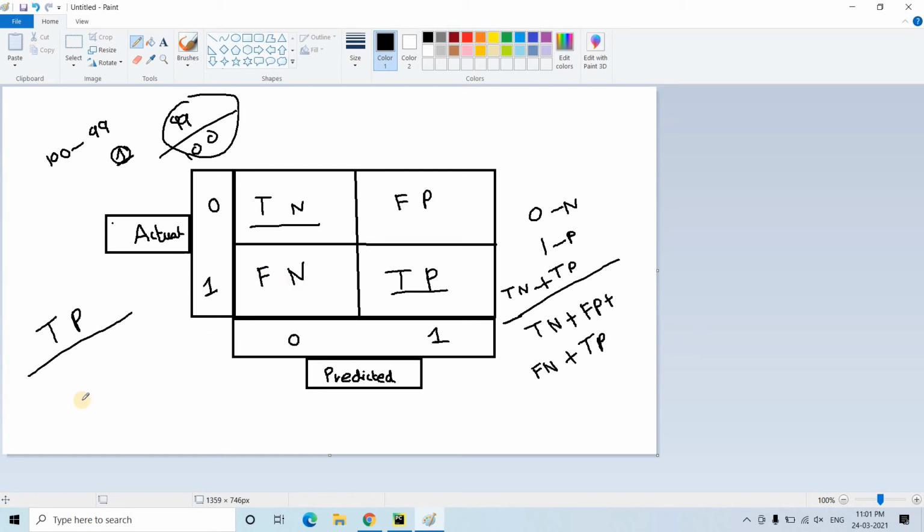Now the person is actually a cancer patient, that is, the person's true label is 1, but the model is predicting 0. That is, the model is conveying the message that the person is not suffering from cancer. Just think, what is the outcome of this?